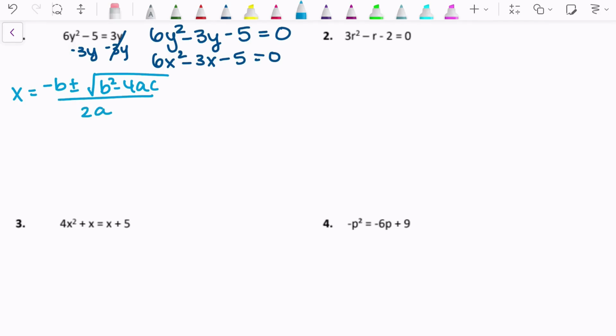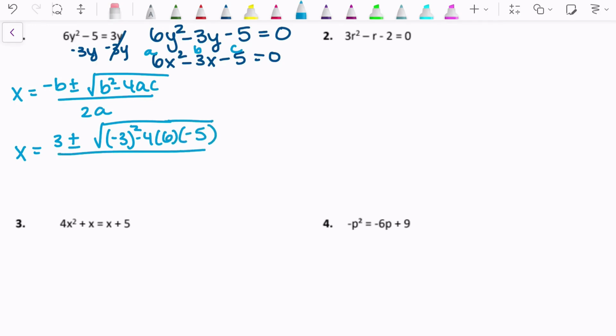All right, so I have in the formula that this is a, that this is b, and that this is c. So I'm now going to plug those values into the formula. So I have x equals opposite b is positive 3. If it was negative 3, you change the sign because it's opposite, plus or minus the square root. B squared is negative 3 squared minus 4 times a times c.